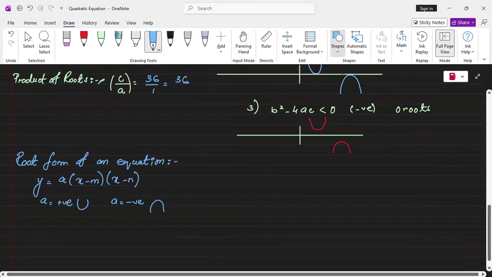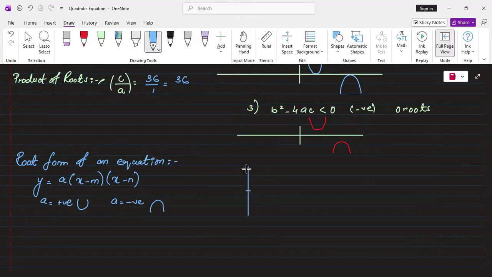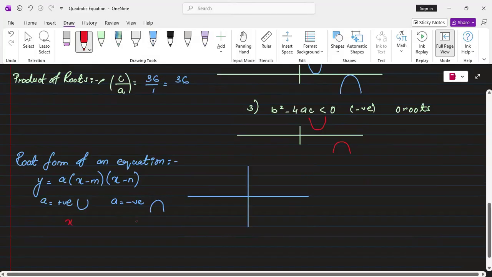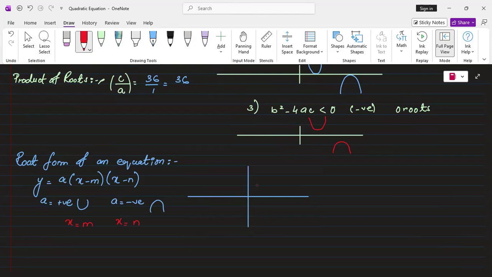But if I just try to simply draw this on a graph, so what will happen? Now I know this x is equals to m and x is equals to n are my two roots, right? So a happy face is going to somewhat look like this, and this is m and this is n, right?